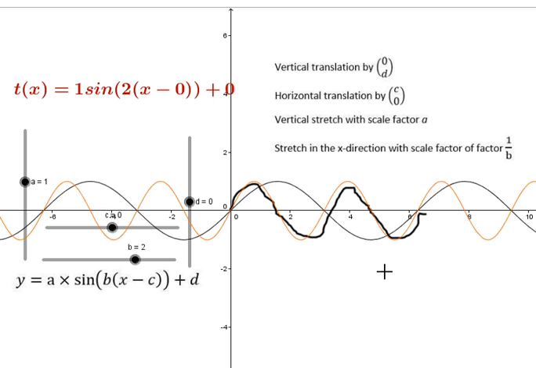You may see that in one cycle of the original function in black, we have 2 cycles of the transformed function. Therefore, the period of the transformed function is not 2 pi, but 1 pi.